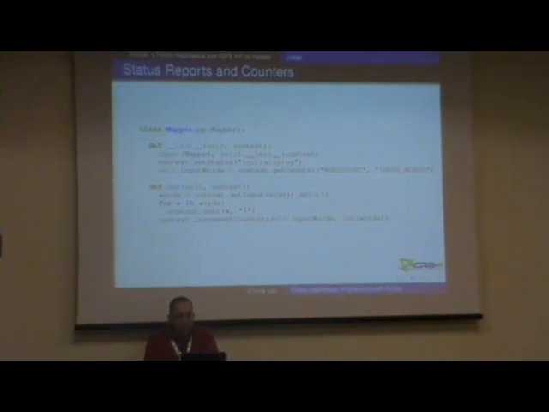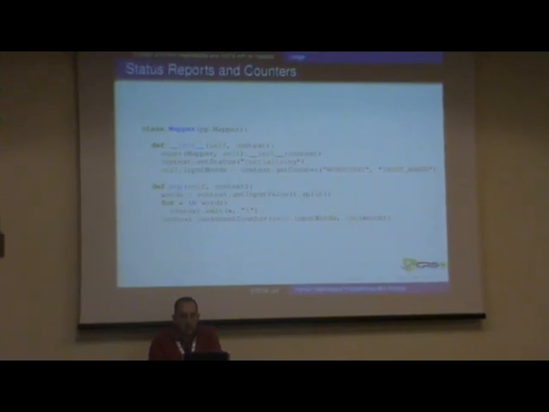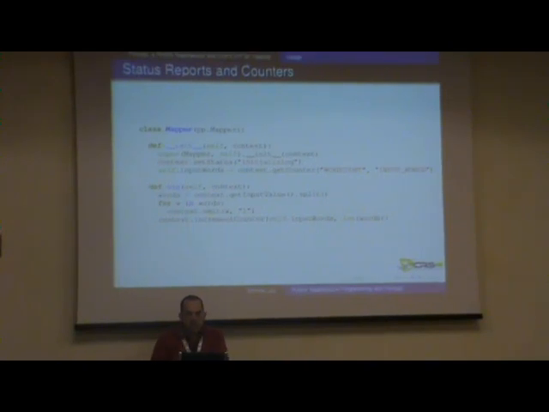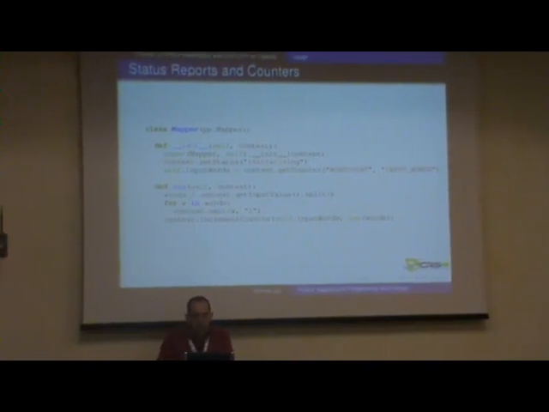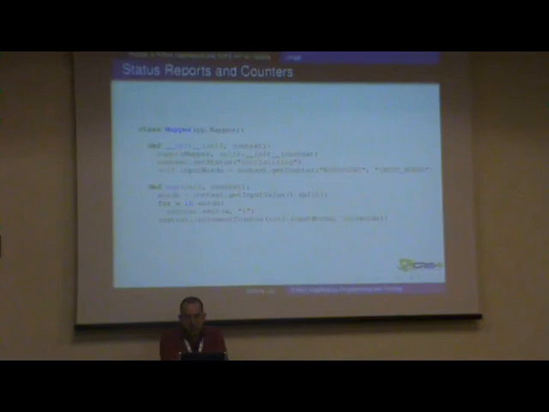This is an example of how you can use the API to do additional stuff like status reports and using counters. Status reports are simply text messages you send to the framework to communicate the status of your application.